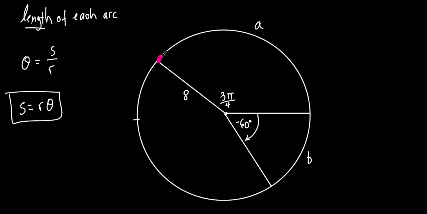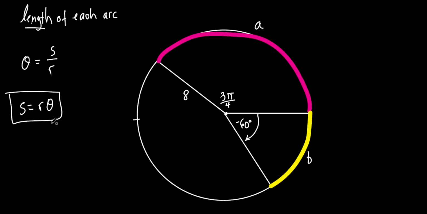Arc A, again, we're not just trying to find the measure of the arc, we're trying to find the length of the arc. Isn't arc B going to be like negative 120? What is the relationship where it's double what the angle is? That's a 30, 60, 90 triangle. The hypotenuse is double the short side.